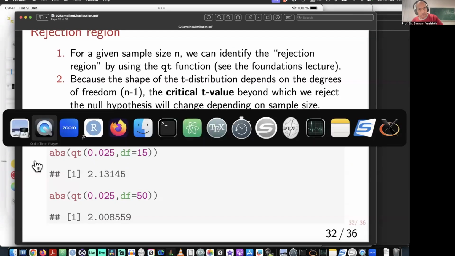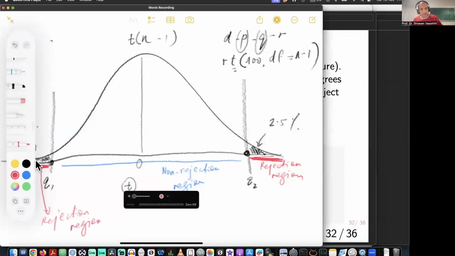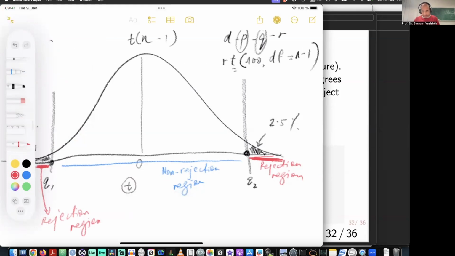So let's go here. Right, so in this example, this quantile Q1 and Q2 will be exactly the same number, just with opposite signs. So this will be approximately +2, this will be a -2, right, approximately.